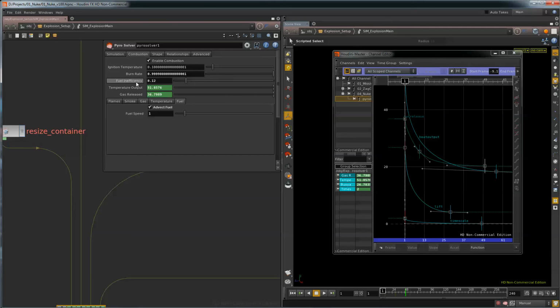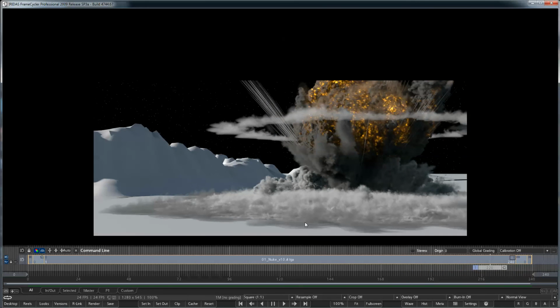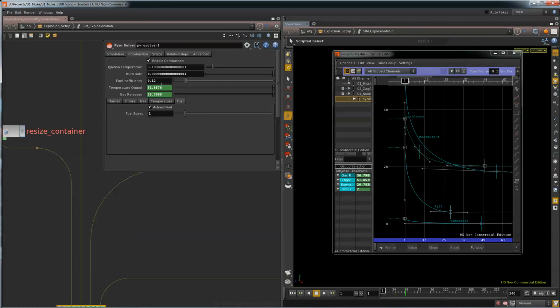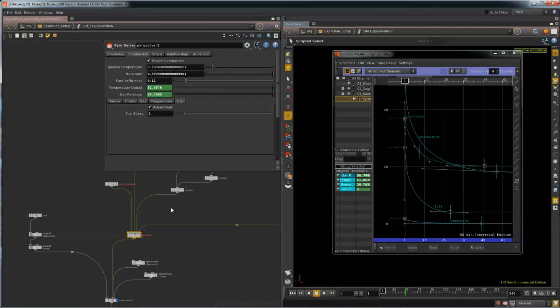The fuel efficiency is low, so there's more fuel and my fuel lasts longer. That's why I have a prolonged fireball here. So that's what I found worked for me. I'm pretty sure there's many other ways to do that. And so that's the initial burst, the initial explosion.